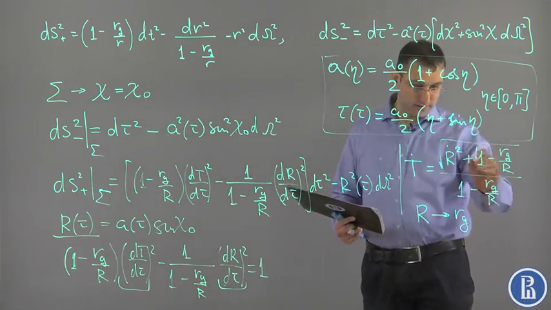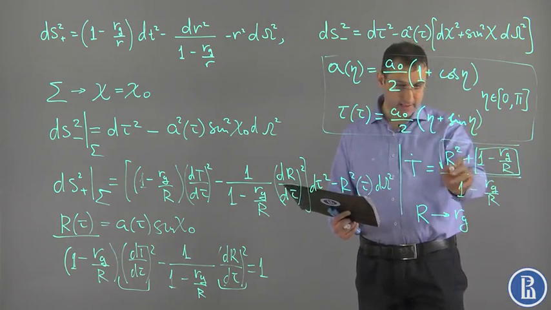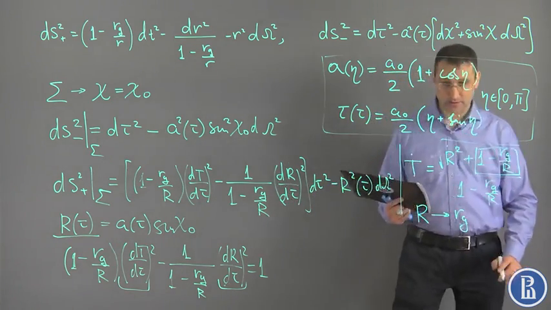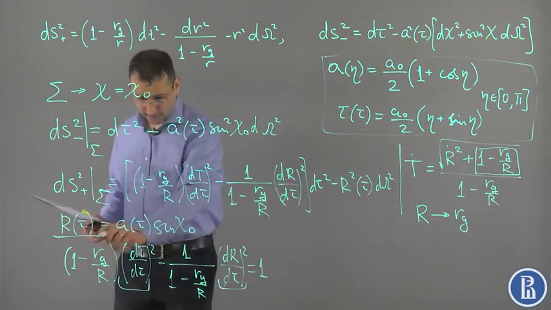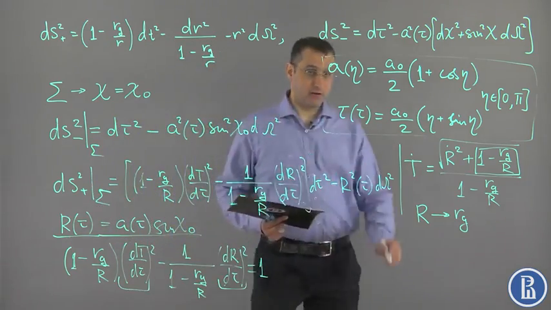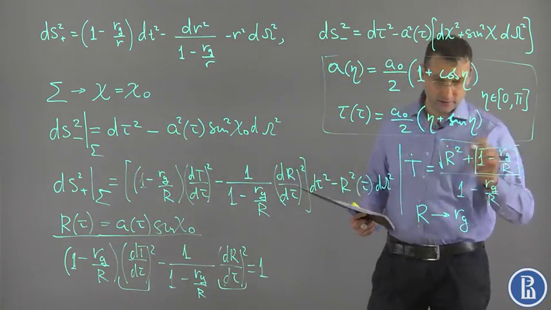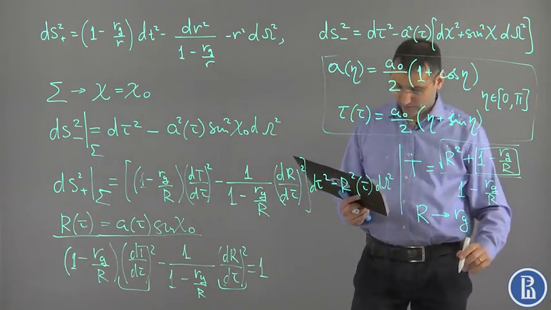First of all, this term becomes approximately 0 and can be neglected with respect to this term, because r as a function of proper time is not 0 in the vicinity of the horizon, since a of tau is not 0 there, so the surface goes with non-zero velocity.